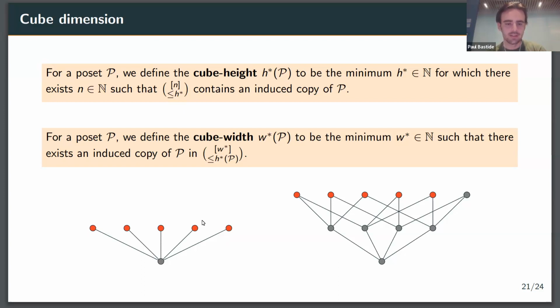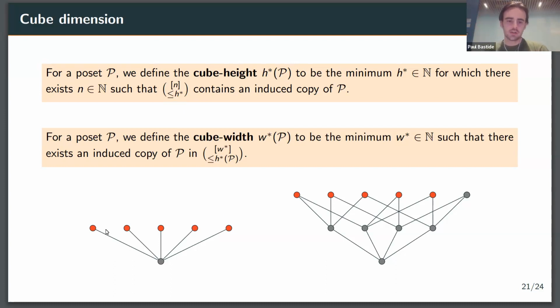So it needs to be embedded in layer 1, and it needs to have width 5, because each of these elements would be a singleton, right? So this is just the first 2 layers of the Boolean lattice of dimension 5. Well, okay, so this means that the cube height of the antichain of size 5 is 1, and the cube width of the antichain of size 5 is 5, okay?